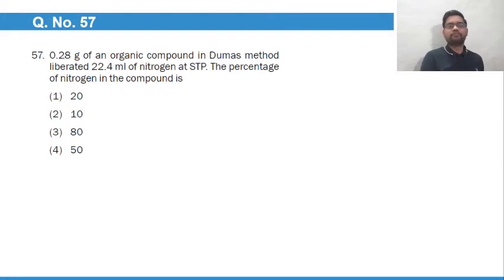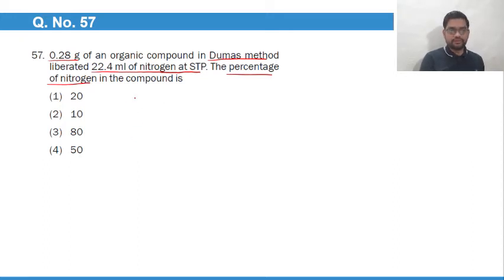57. 0.28 gram of organic compound in Dumas method liberates 22.4 ml of nitrogen at STP. The percentage of nitrogen is. So the organic compound weight is 0.28 gram, the method is Dumas, and the liberated nitrogen is 22.4 ml.